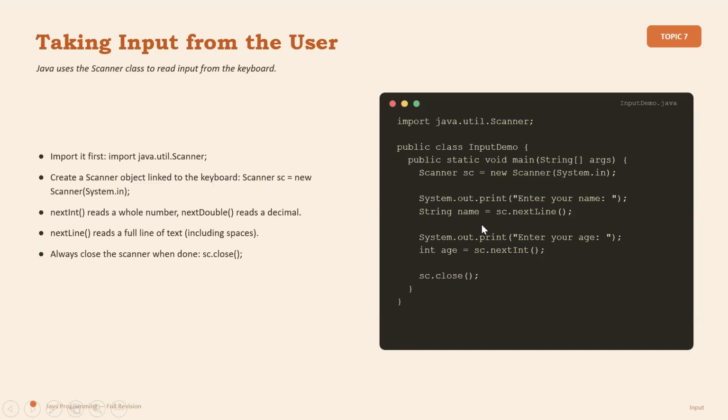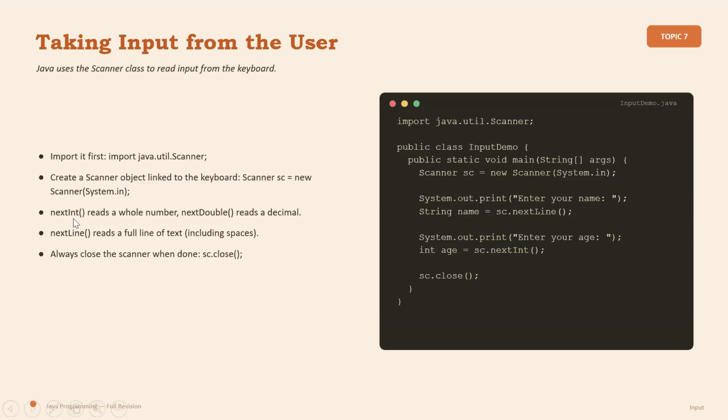In the same way, you are printing a message, enter your age, and it will get stored in the variable age. It is good practice to close the scanner, that is sc.close. Okay, so this is how we take input from the user.